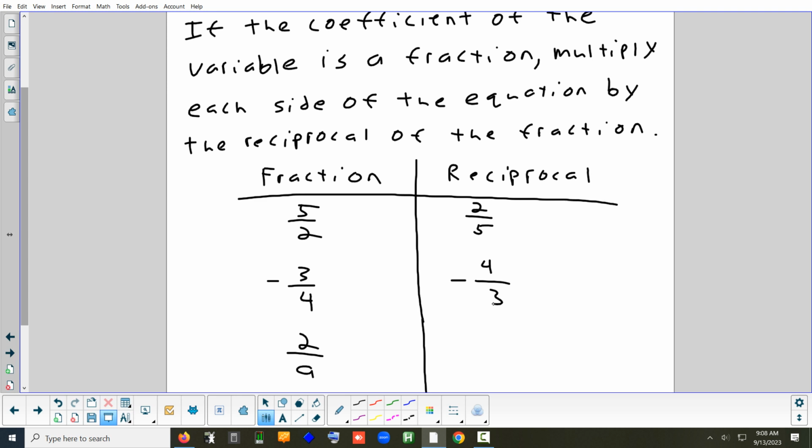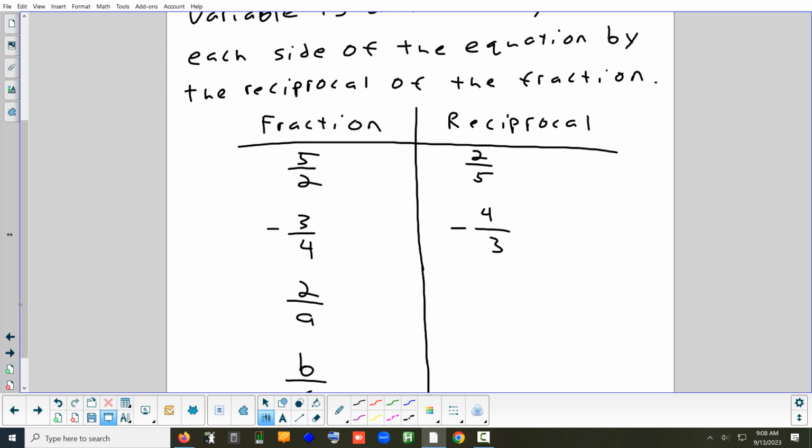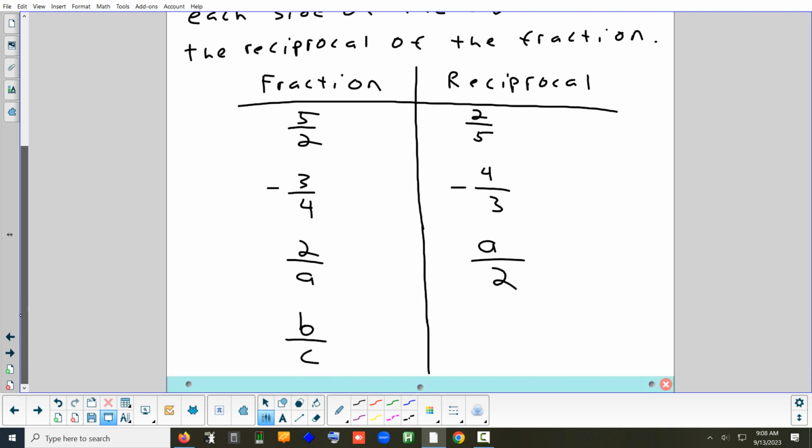You just change what's in the top and the bottom. How about, Evelyn, what did you get for the reciprocal of 2 divided by a? a divided by 2. Yep, it's going to be a divided by 2. Very good. And the last one, Zach, what did you get for the reciprocal of b divided by c?